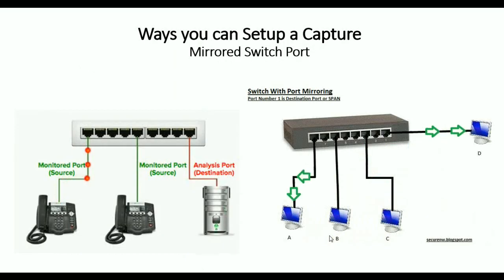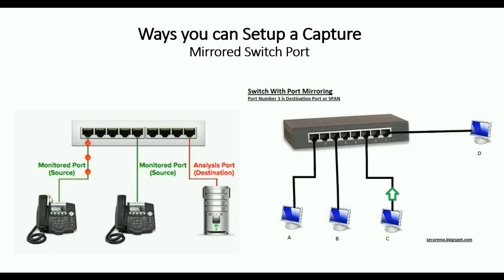The first one is that on some switches, the cheaper or entry level switches, though as technology changes they're getting more and more capable, you can set up what you call a mirror port. The two diagrams here explain this graphically.